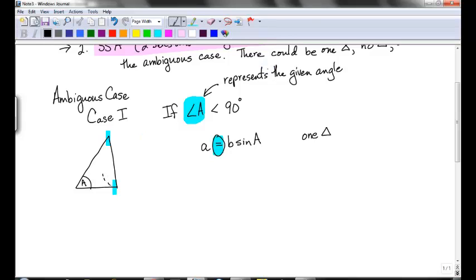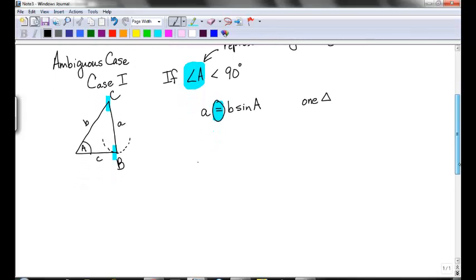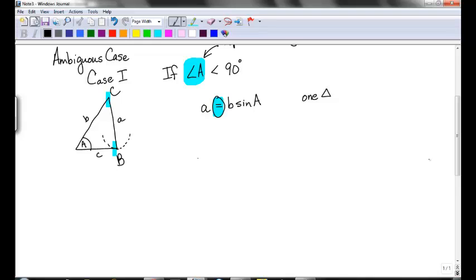The compass, you know, it would be like that. Okay, and it would just touch, and it would form one triangle, and that's all. Okay, so this would be A, this would be B, this would be C, side B and side C. So it would just touch and form one triangle. Okay. Now, all of this is still case 1.